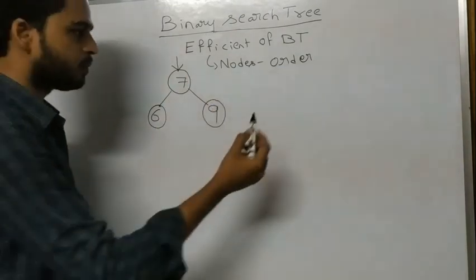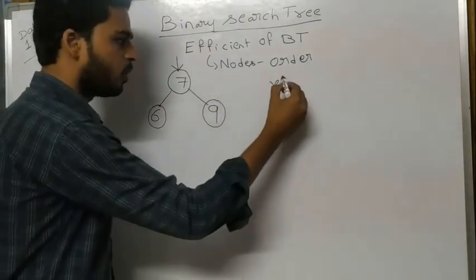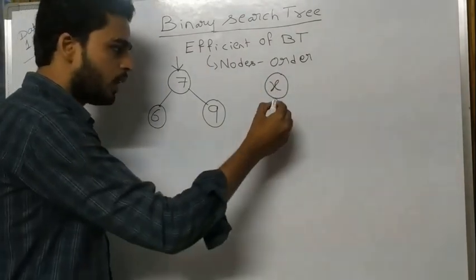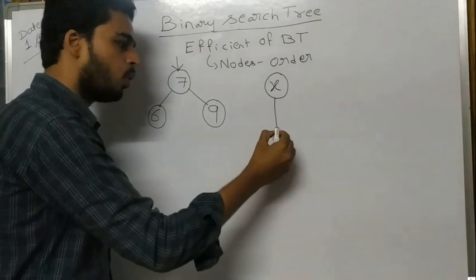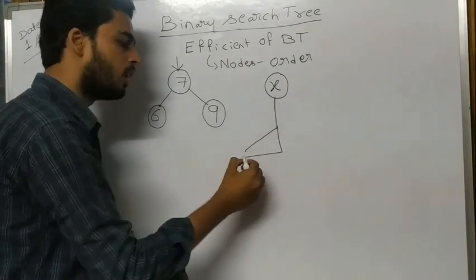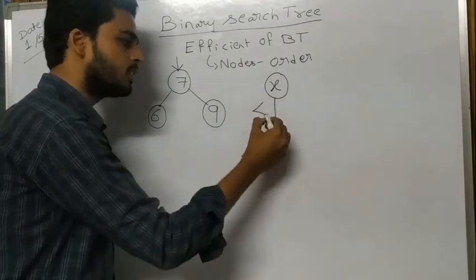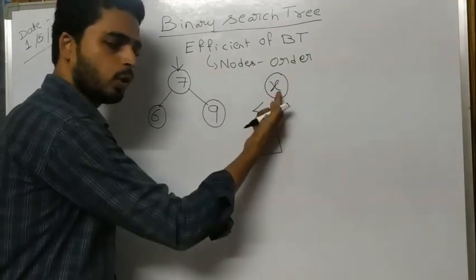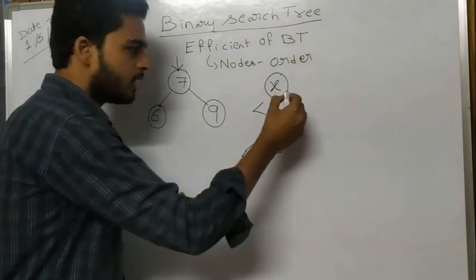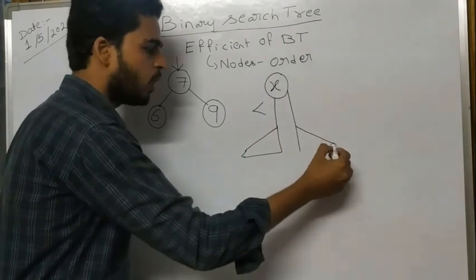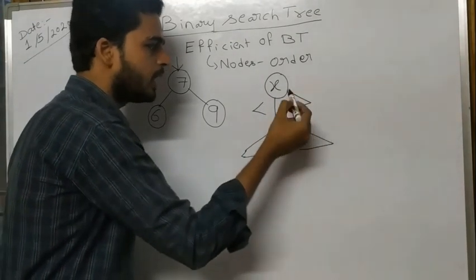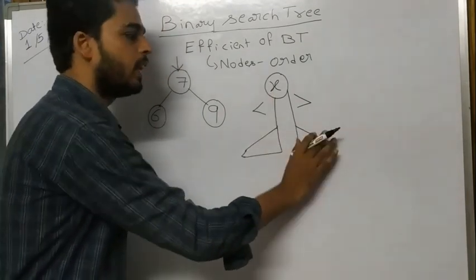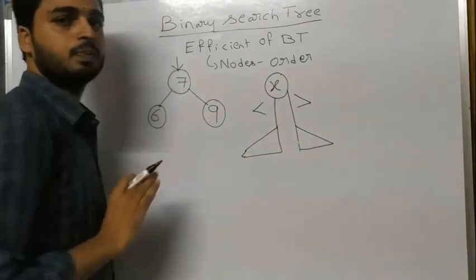If you generalize this, if you take a particular node with a value x, the nodes whose values are less than x I always insert on the left side of this node x, and the nodes whose values are greater than x I always insert on the right side of this node x.